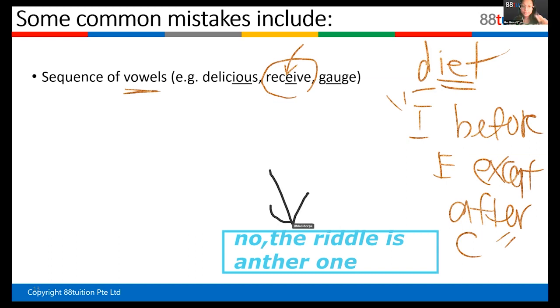Okay, so usually when it's I-E, it's always I first, then E. So that's why it says I before E, except after C. Like in this case, receive is after C. So you swap, it's C-E-I-V-E. However, there are exceptions. For example, if you hear the sound "I" in the word neither, you hear "I," n-eye-ther, right?